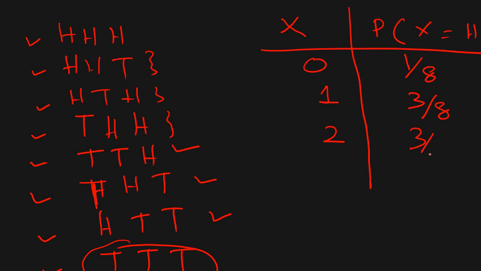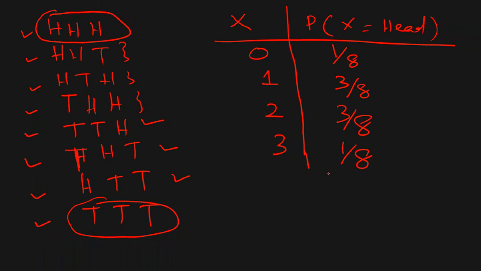So that's again 3 by 8. Probability of getting 3 heads, only one case, the first one. So that becomes 1 by 8, right? So this is the probability distribution when we toss 3 coins simultaneously.